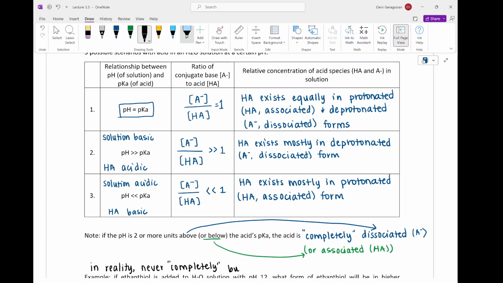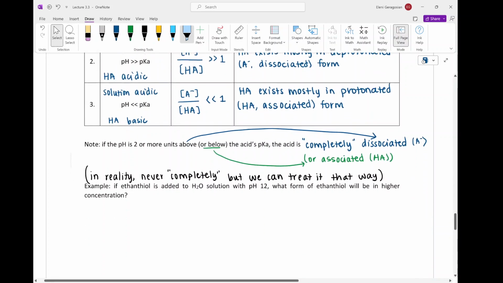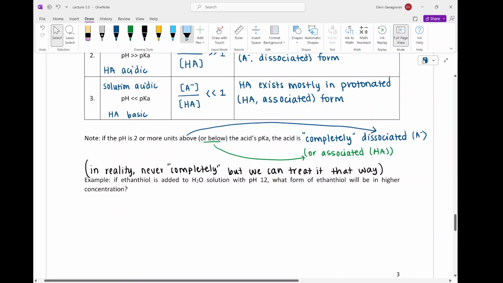But we can treat it that way. So keep that in mind. But often questions will be stated like what we have here.